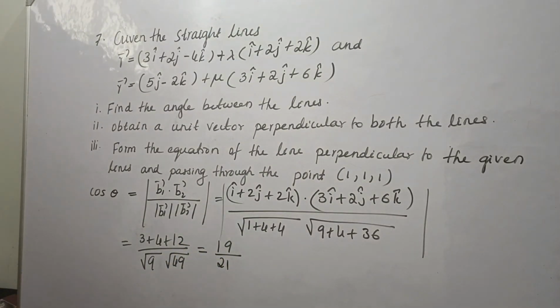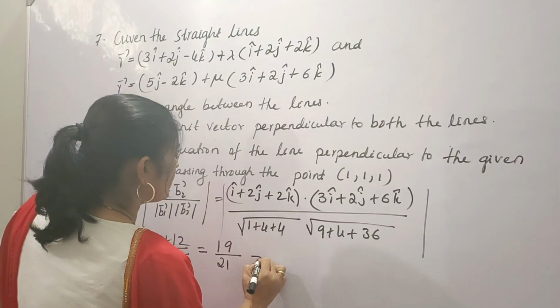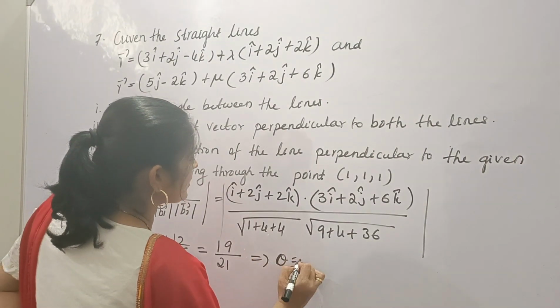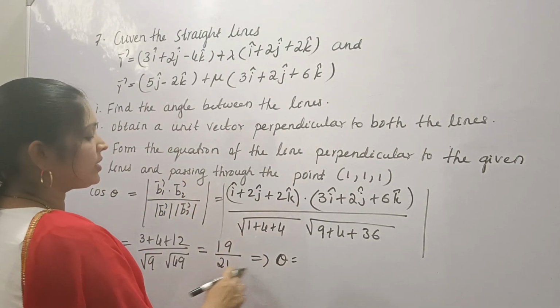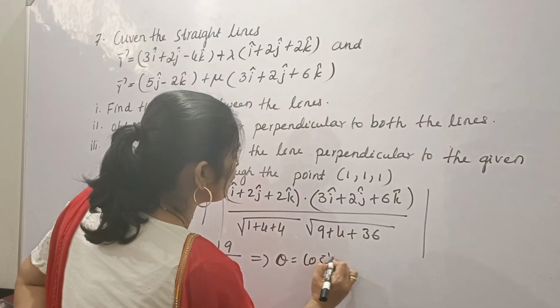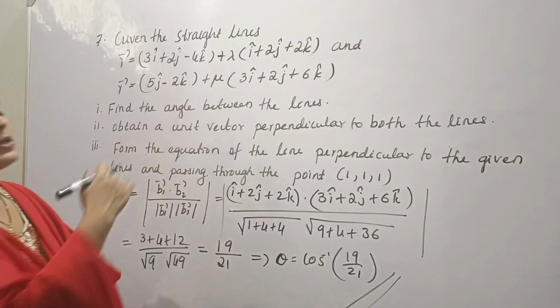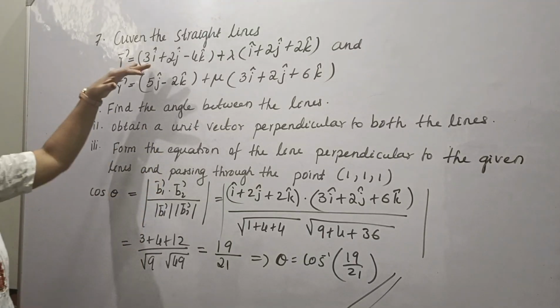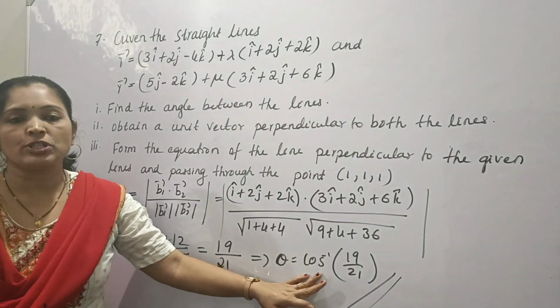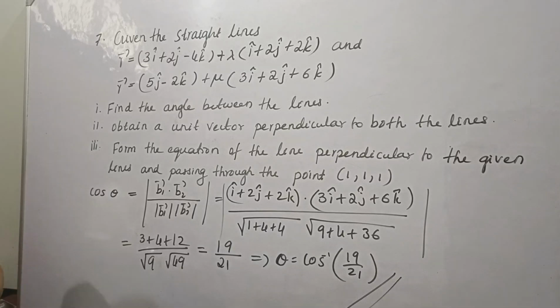So 19 by 21. That implies cos theta is equal to 19 by 21, so theta is equal to cos inverse of 19 by 21. So the angle between these two lines is cos inverse of 19 by 21.